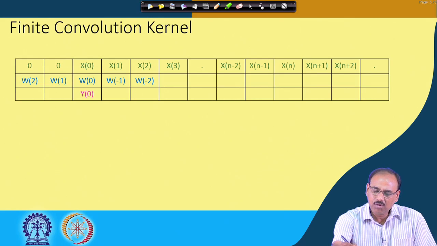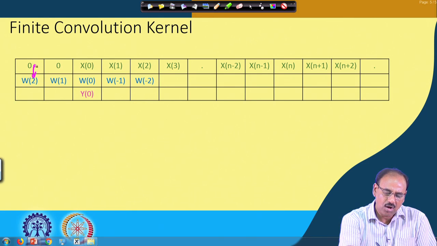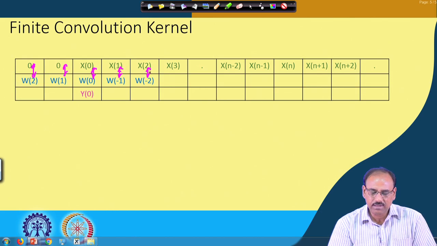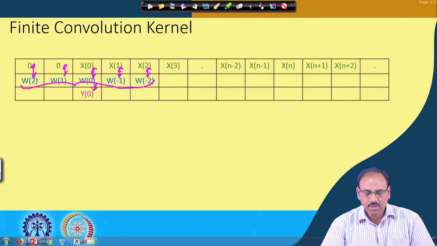Then you go for sample by sample multiplication of the input sample values with the corresponding kernel coefficients and add all of them together. This summation of the weighted input samples gives you the output sample value, which is y0 at time instant 0.